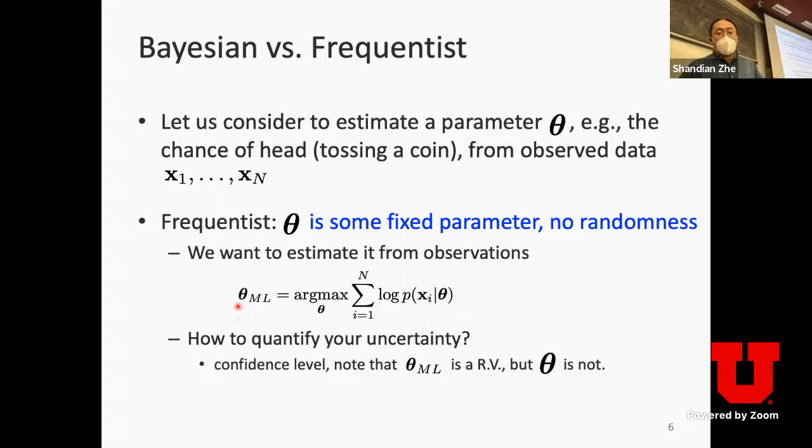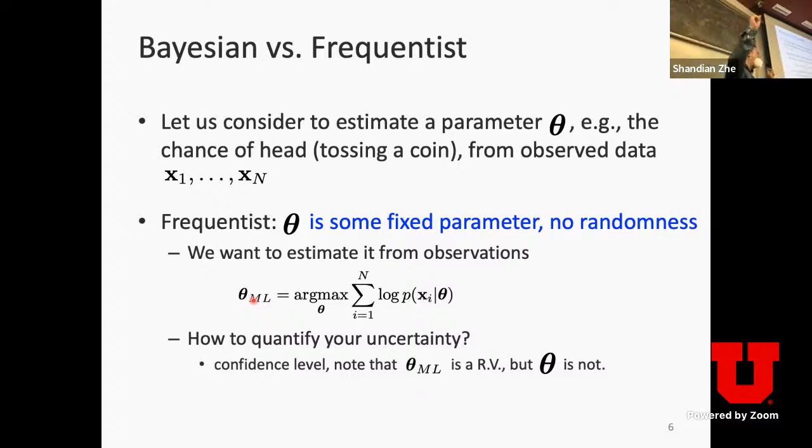For example, using MLE, we want to estimate it from the observations. We take the logarithm of the likelihood and maximize the log likelihood to find the estimate. Once you get such an estimate, from the frequentist point of view, this ML estimate is essentially a random variable. So the uncertainty comes from your estimate itself, not from the parameter value.